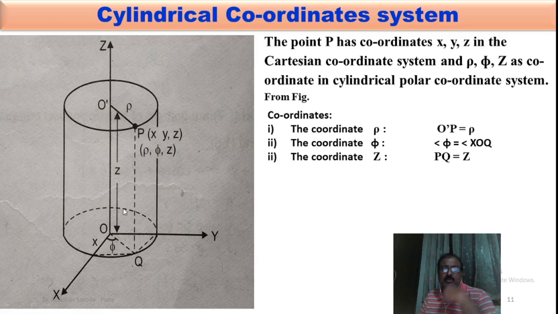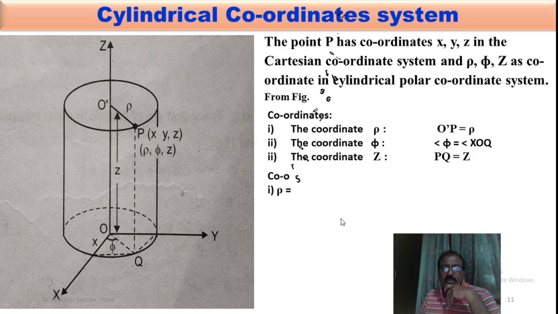Okay. The projection of the point P on the XY plane gives us this angle X O Q. The third coordinate is Z, and it is the distance along the Z axis, that is PQ is nothing but Z. So PQ equal to Z.